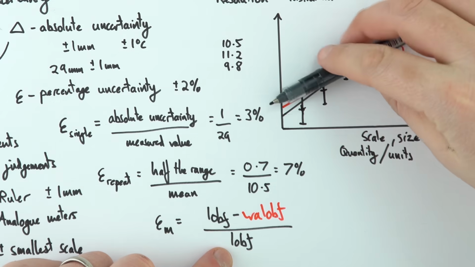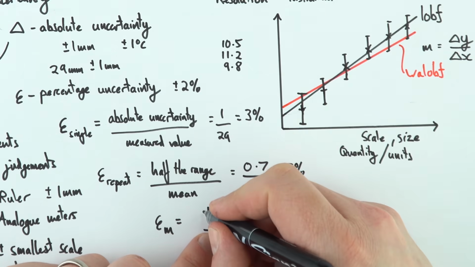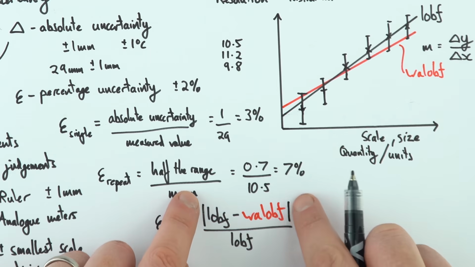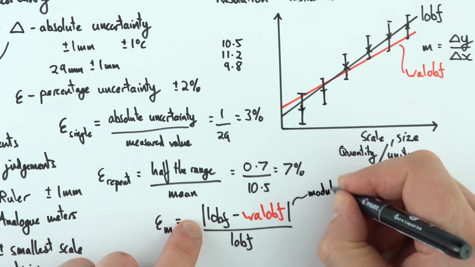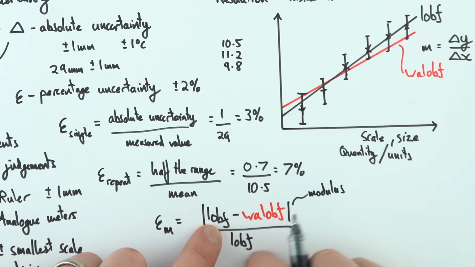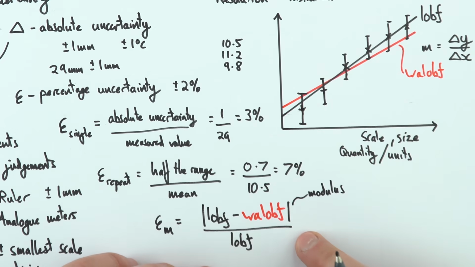Sometimes we might have a shallower or a steeper worst acceptable line, so it's just the difference in size between these two things that we're interested in. By putting these lines at each end, this is what we call the modulus. So we're just taking the positive value of the difference between the best and the worst, divided by the best. Obviously, you then multiply that by 100 to get it as a percentage.